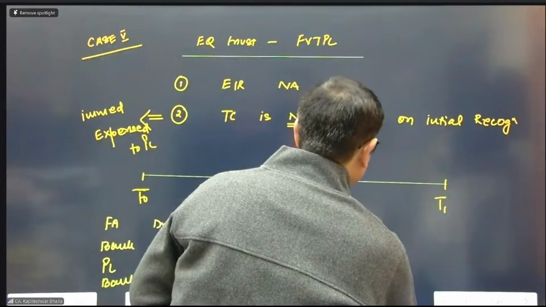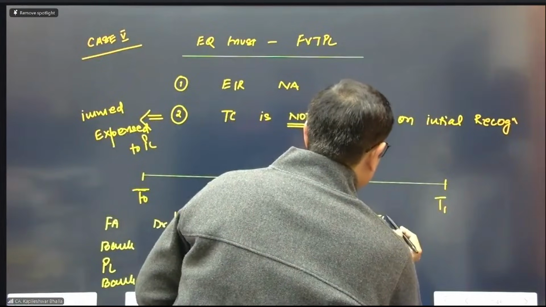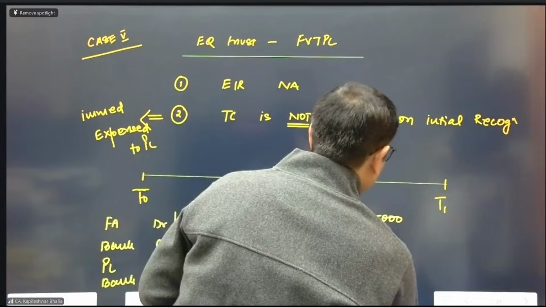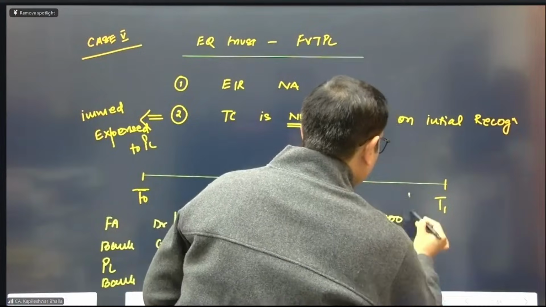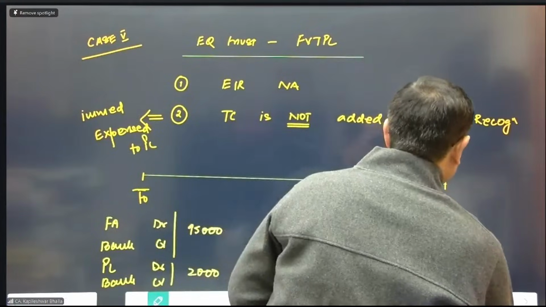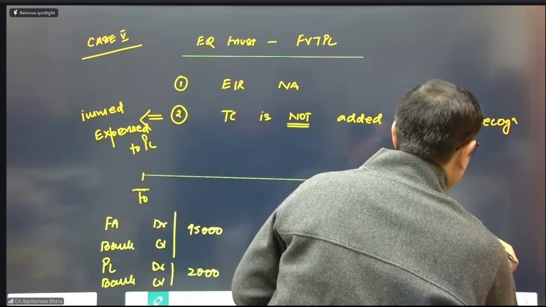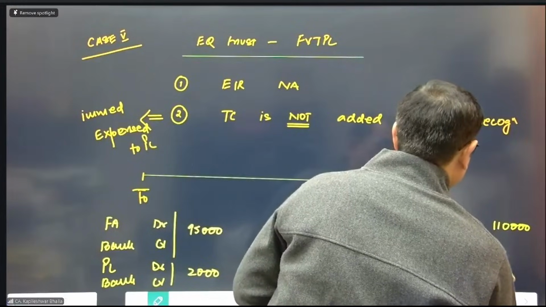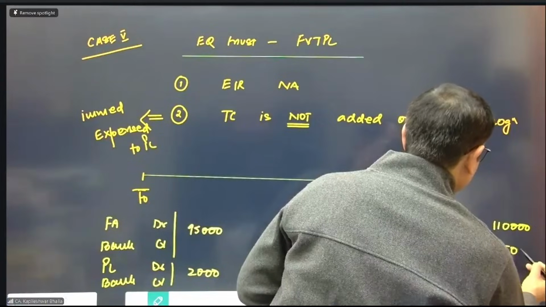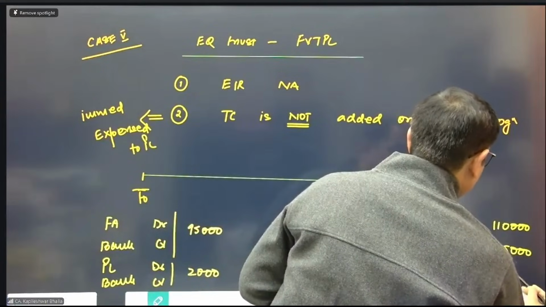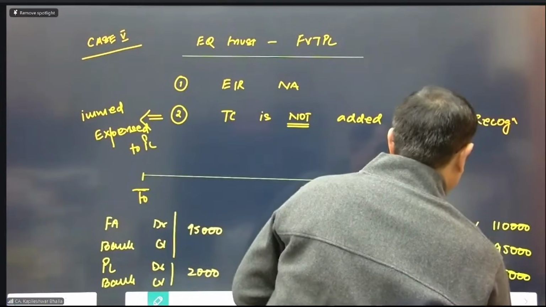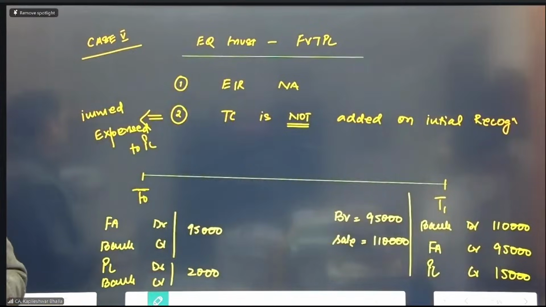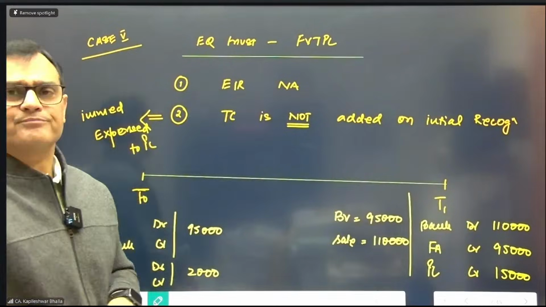Now let's say we sold the investment, the book value is 95 and the sale is at 1,10,000. So we put the entry that bank gets a debit, 1,10,000. The financial asset gets a credit at the book value 95, and 15,000 is the gain, which goes to the P&L, irrespective of realized or unrealized.